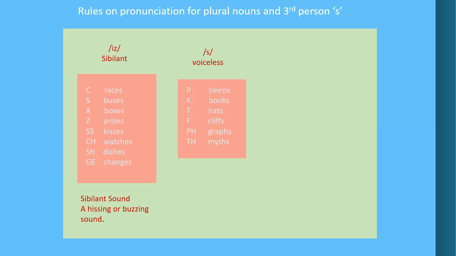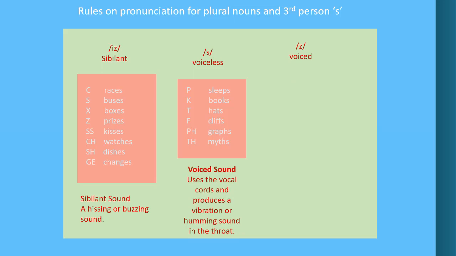Okay, so here we've got voiced, and we've got some rules for the voiced Z sound. Here you've got crabs after the B, words, bags, dreams, fans, sings, wears, gloves, plays.